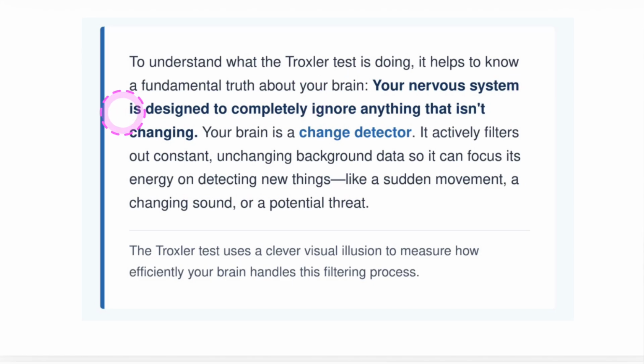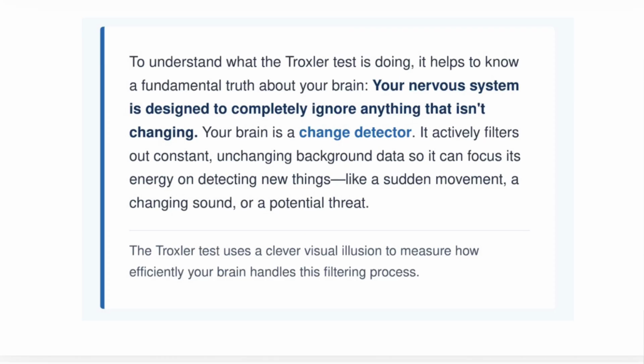Your nervous system is designed to completely ignore anything that isn't changing. Why is that? Because if it's not changing, it's not a threat. This is the key thing. 2,000, 3,000 years ago, if we saw something in our periphery change, we got scared because that thing could potentially kill us. So your nervous system is designed to completely ignore things that aren't changing.